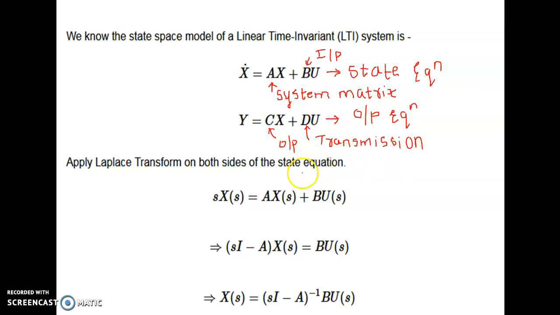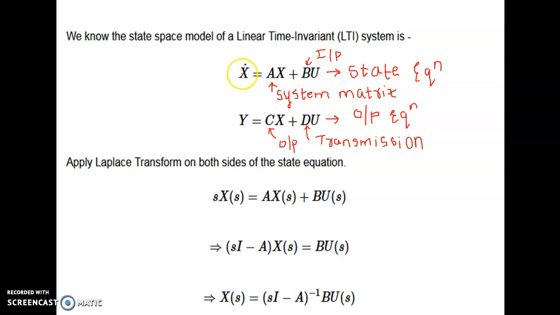Now to find the transfer function, we will apply the Laplace transform on both sides of the state equation, that is x dot is equal to Ax plus Bu. So x dot is nothing but differentiating x with respect to t one time.